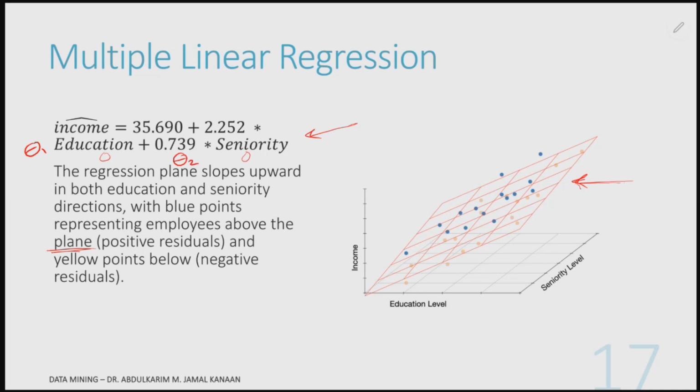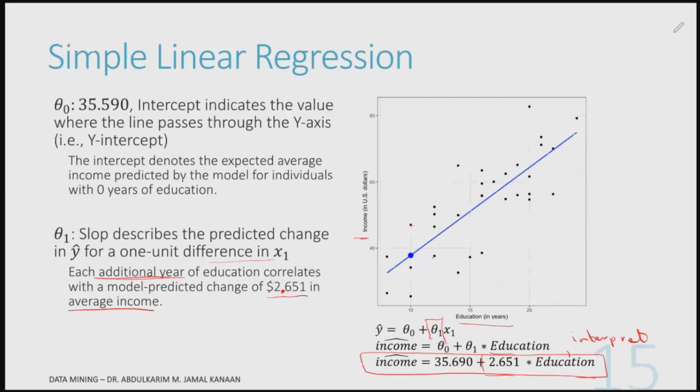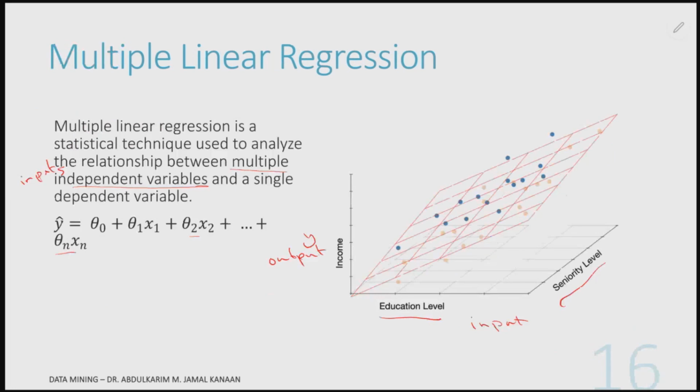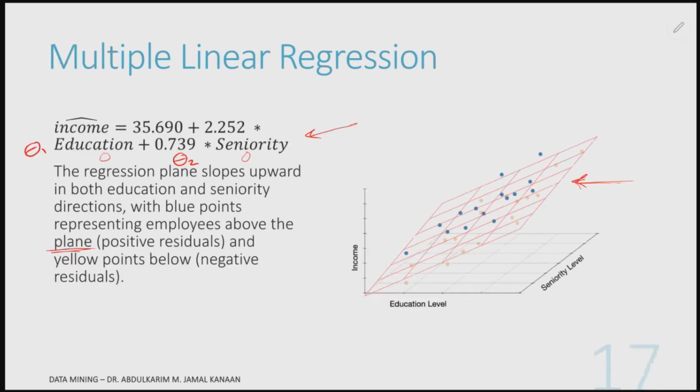For theta 2, seniority, what is the value for seniority? If we check our data set, it looks like how senior the person is, the number of years. So same, we say for each additional year in seniority, the person will get an extra 0.739.